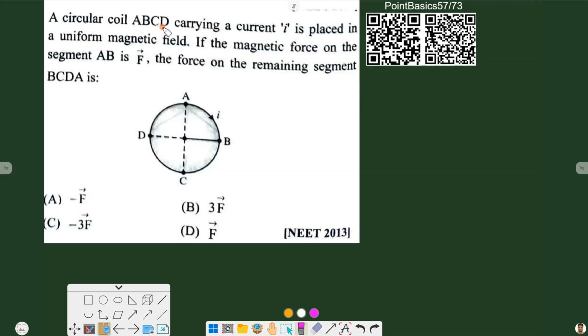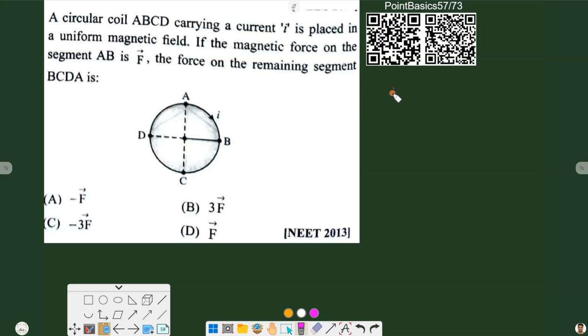A circular coil ABCD carrying a current I is placed in a uniform magnetic field. If the magnetic force on the segment AB is F, find the force on the remaining segment BCDA. Now it is mentioned that this coil is in a uniform magnetic field.